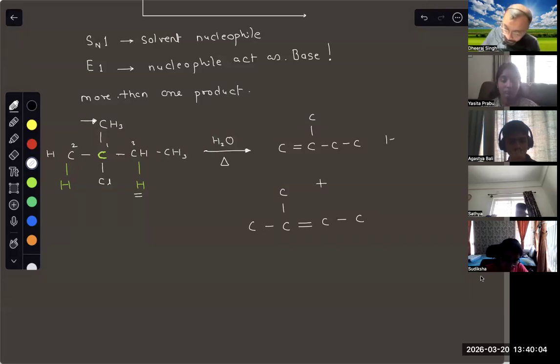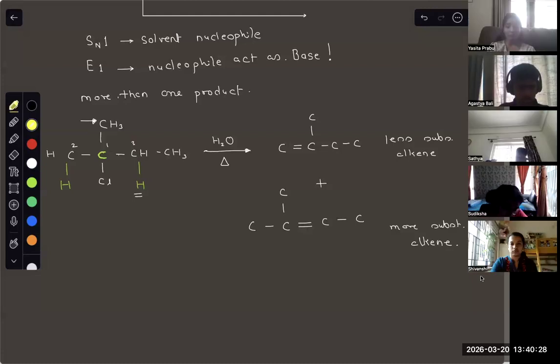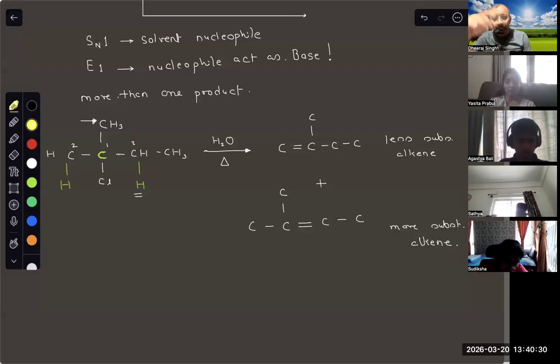This one is the less substituted alkene. This one is the more substituted alkene. Which one is more stable? Less substituted alkene or more substituted alkene?